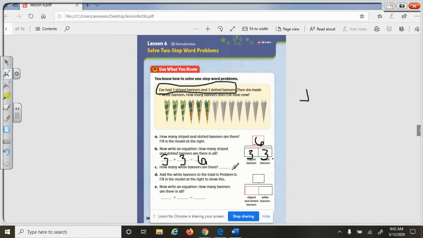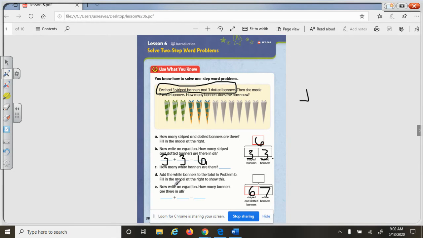Now we need to know how many white banners there are. That is going to give us our second step. So down here on our part whole chart, we have striped and dotted banners together. Well, we just added those and found out they were 6. That was step 1. The white banners are 7.